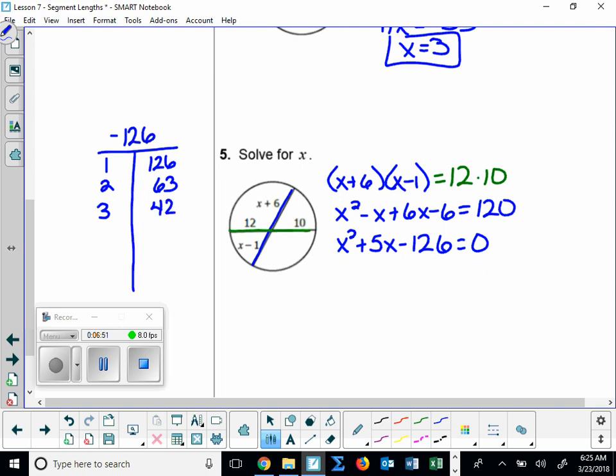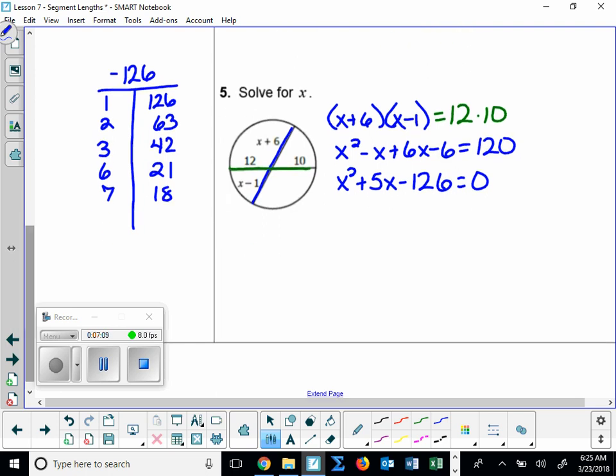Let's see, 4 doesn't work. 5 doesn't work. 6 will work. 7 should work. 9 will work. 10 doesn't work. 11 doesn't work. 12 doesn't work. 13 doesn't work.